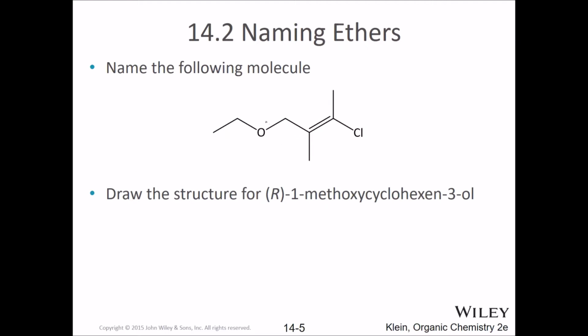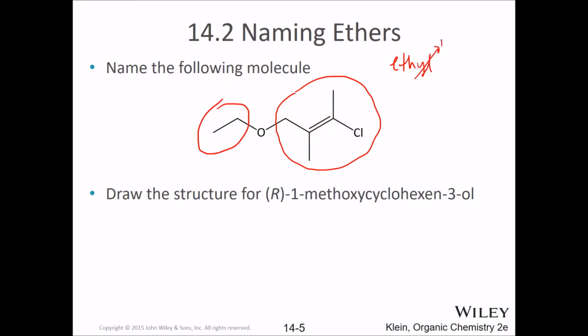Name the following molecule. So can you see by inspection, there's my ether, and there's my two alkyl groups? So I'm going to name these. I'm going to name this via IUPAC, because that's just too messy. So one is ethyl, and that's my shortest one, so I'm going to name that ethoxy.